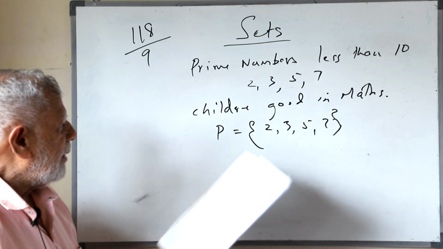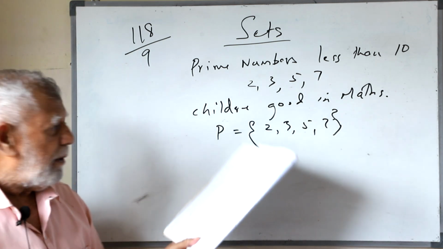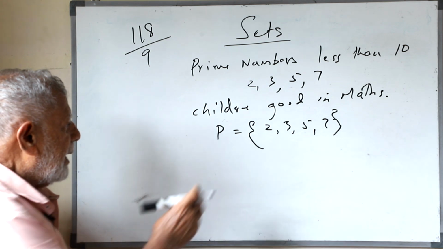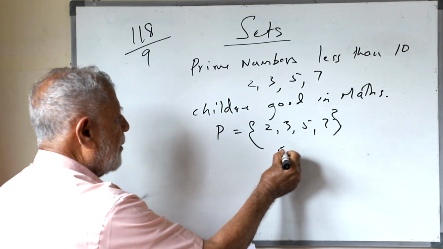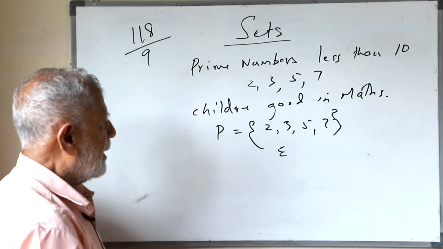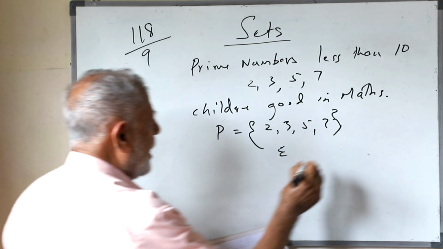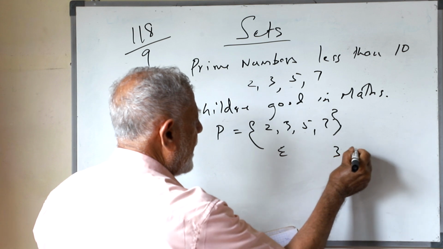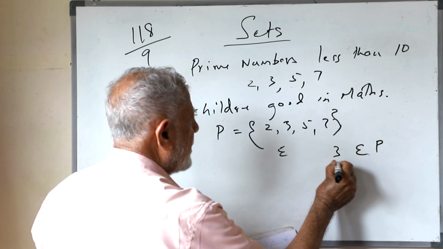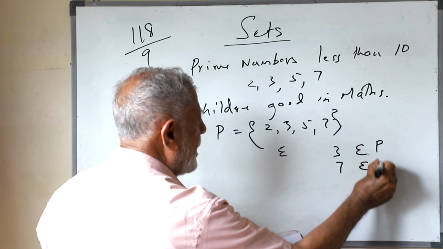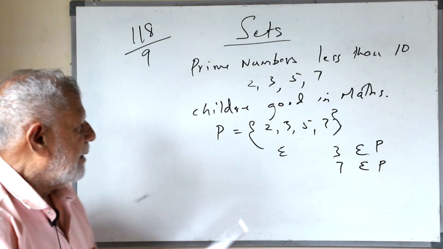Now when we take the numbers 2, 3, 5 as elements, the shortened form of elements is something like an E. So we write down 3 is an element of P, 7 is an element of P, to show that these are elements.